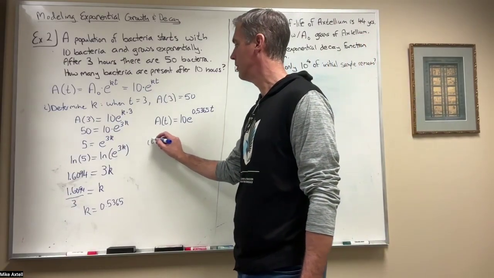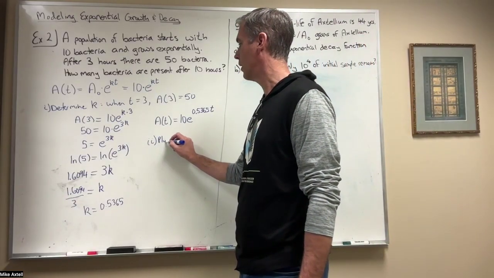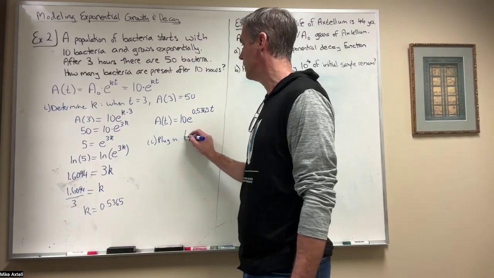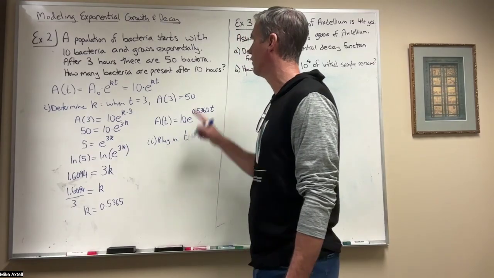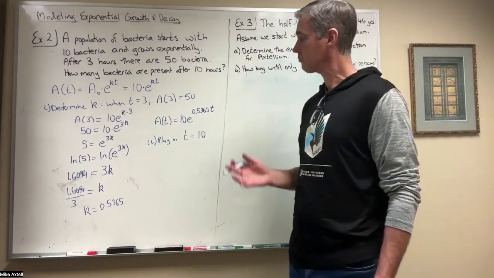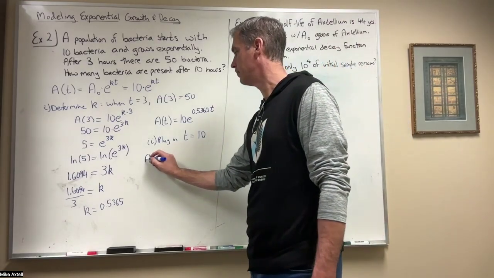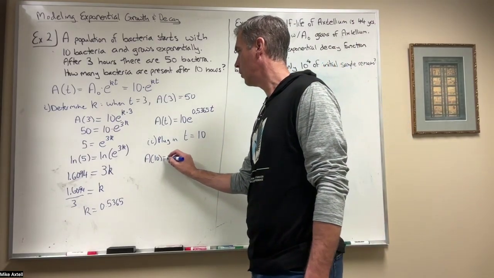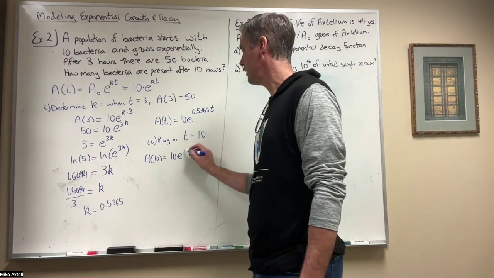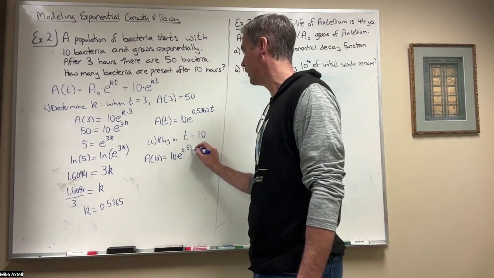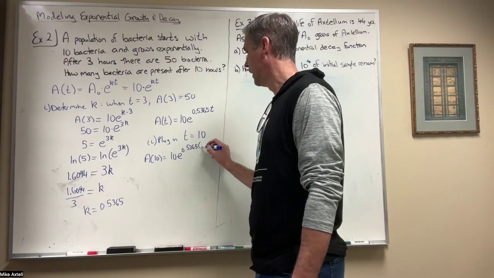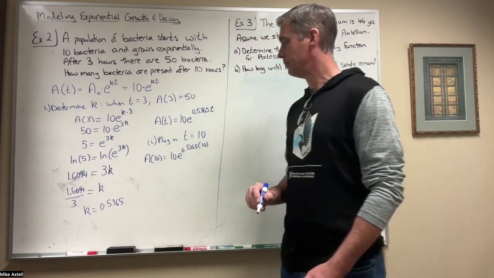So step 2, I can now plug in t equals 10 hours. A of 10 would equal 10 e to the 0.5365 times 10.